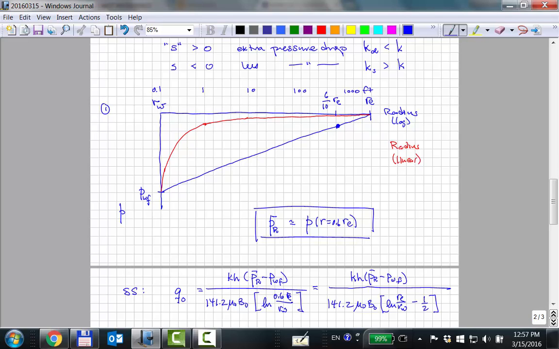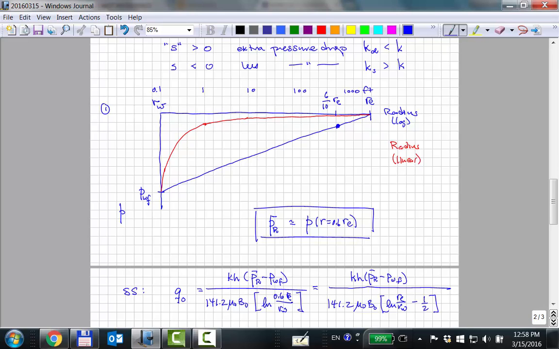Now, if the outer boundary is not at a constant pressure, which it essentially will never be, but if the outer boundary is a no-flow boundary, in other words, I'm a well here, you're a well there, and if we're sucking air, so to speak, some of the air is going to move towards me, and some towards my comrade here.